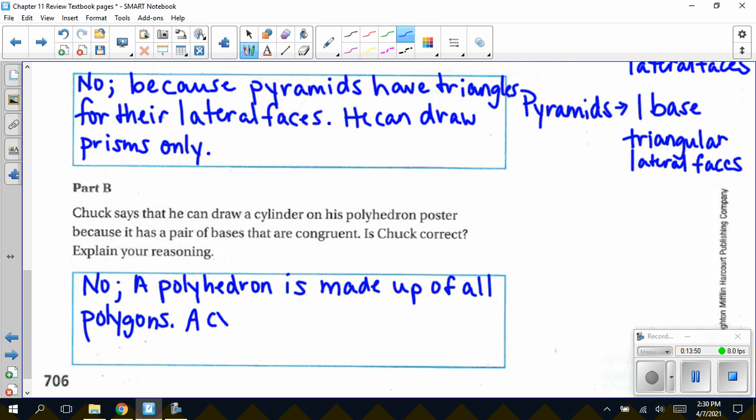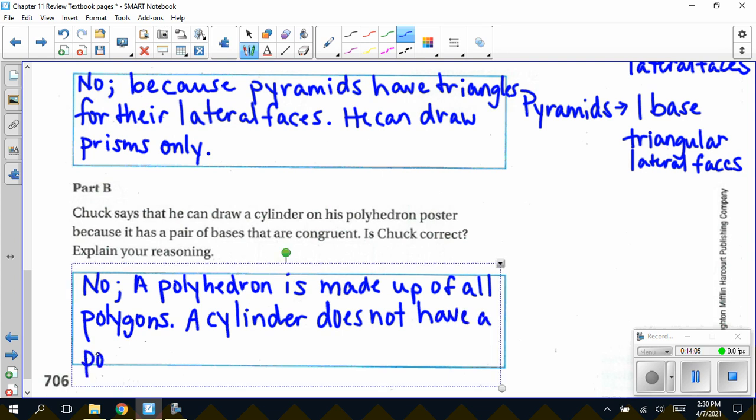A cylinder does not have a polygon for any side. So again, no cylinders can be drawn on his poster because a cylinder is not a polyhedron since it does not have polygon sides or faces.